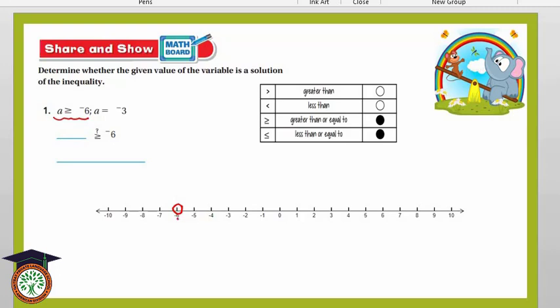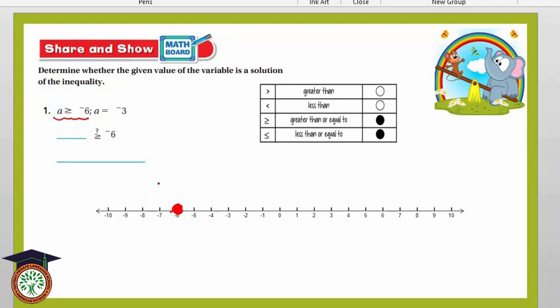Then I'm going to decide, is this circle open or closed? Closed, I'm going to shade it like here. Greater than or equal to, it will be closed. When I use greater than or equal to, I will close my circle like this. The second part, I'm going to shade a part of this number line to the right or to the left.